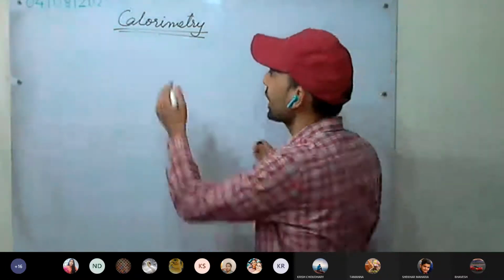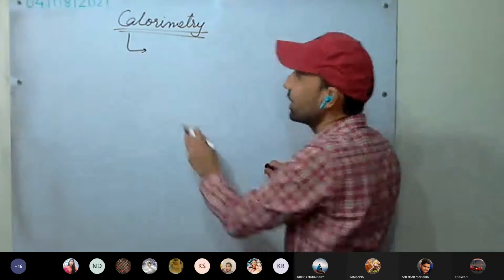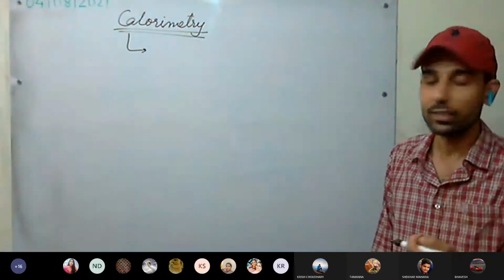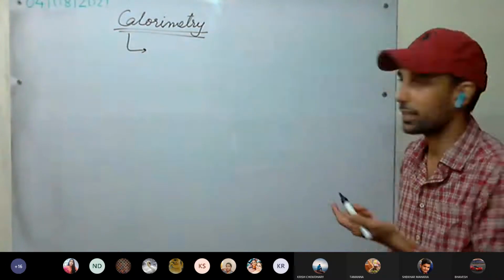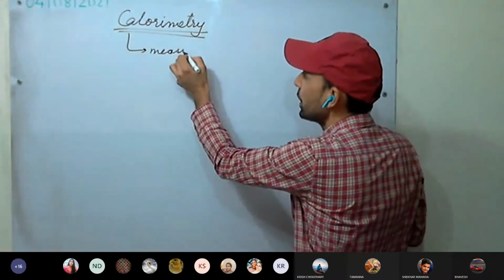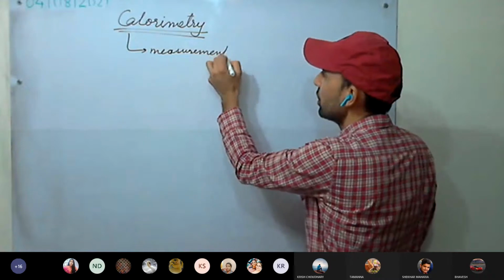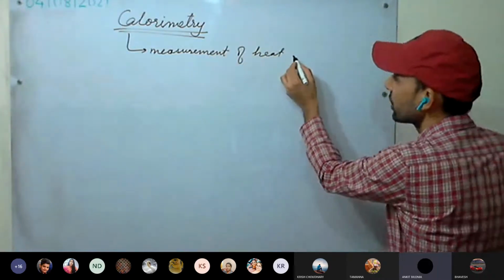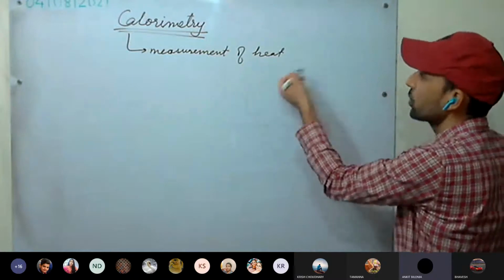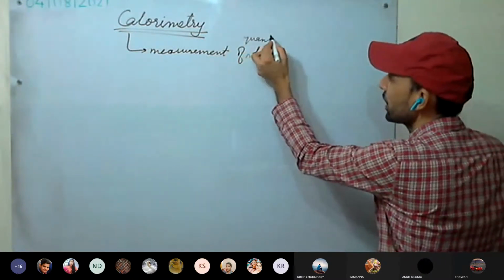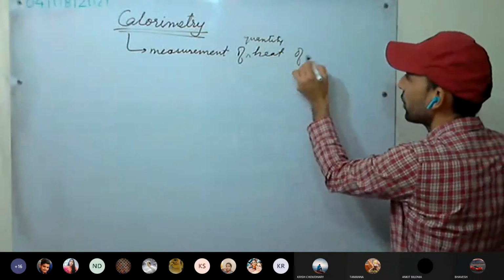So today we are going to discuss calorimetry. In this chapter we are going to measure the heat energy, the quantity of heat. Calorimetry is related to the measurement of quantity of heat of a body.